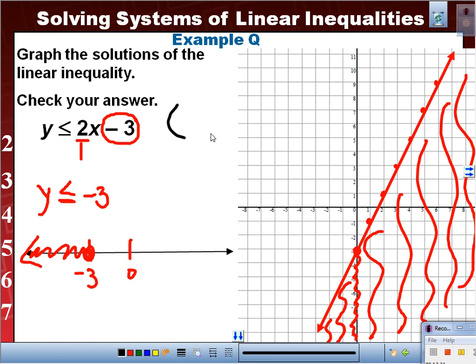Give me a point. All right. Help her out, Reagan. What would be a point that's part of that solution? 1, 2. Let's see. Is this point inside the solution? Everyone? No, this is not a solution.